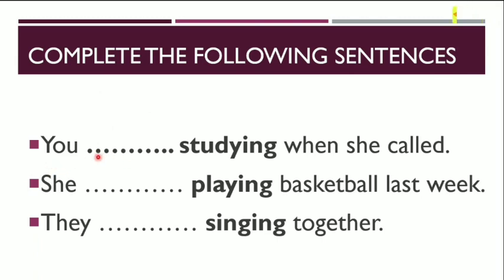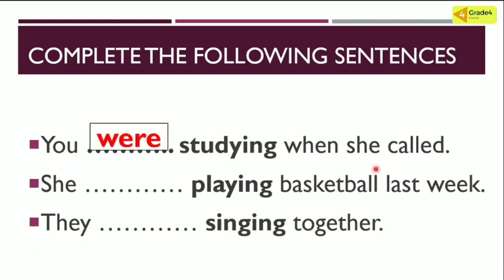Let's complete the following sentences. You blank studying when she called. And she blank playing basketball last week, and they blank singing together. Let's answer together. You have to remember, because the sentence uses you, so we will put here, is it were or was? Very good, it is were.